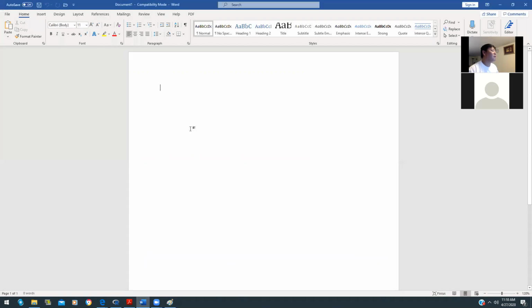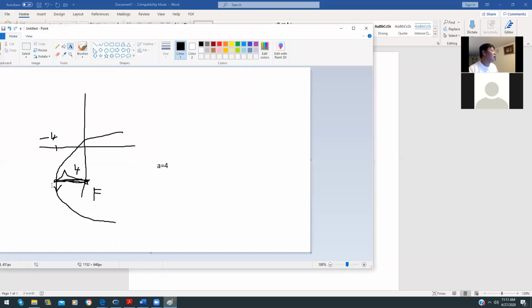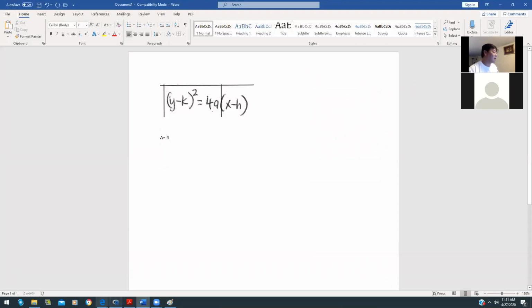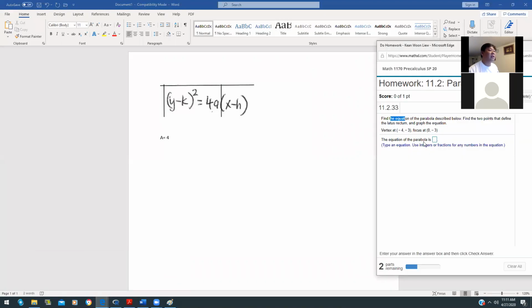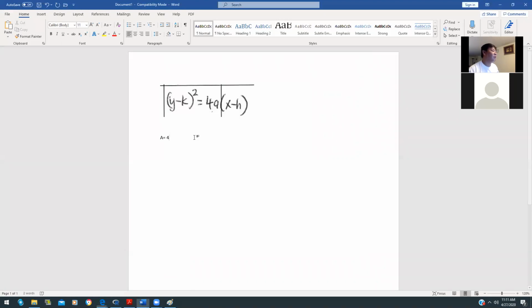In this case, we know a is 4 because from the picture we drew here, your a is 4, and your vertex, which is given to us in the question, is (-4, -3). So what you do here is just plug this into this equation.